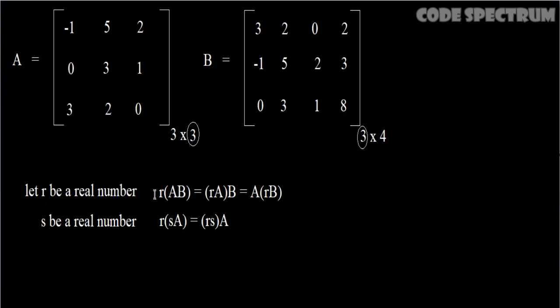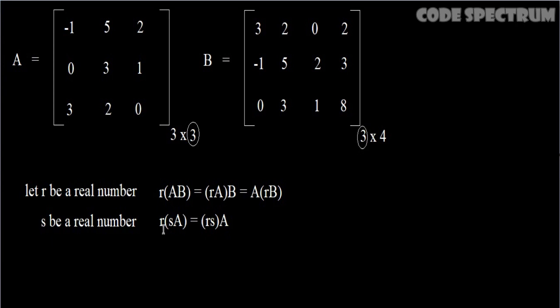Let R be a real number now, and if you multiply R to AB, you can take this R in front of A like this, or you can also take inside in front of B and you can multiply R to B. Let S be a real number here, and if you multiply R to SA, and already S is multiplied to A, by placing S in front of A, you can take R and S as a whole and then can multiply with A, but the order is same.